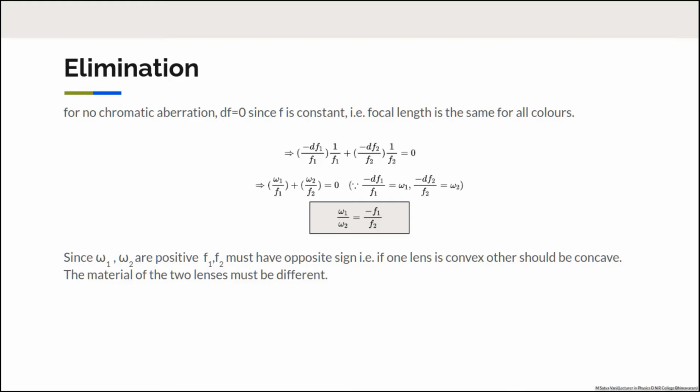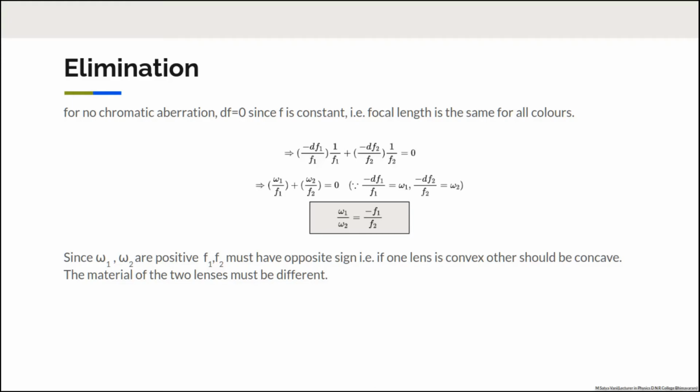That means one of the lenses must have negative focal length; minus indicates concave, positive sign of focal length indicates convex lens. Therefore, the minus sign in the above equation indicates that one of the lenses must be concave and the second one must be convex.